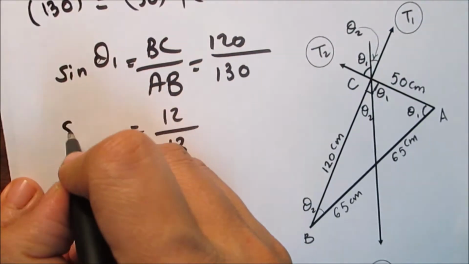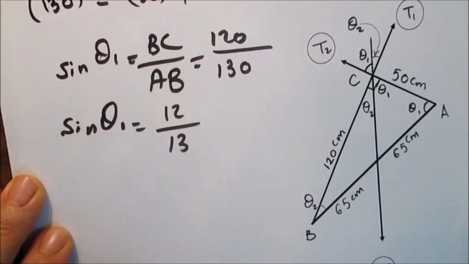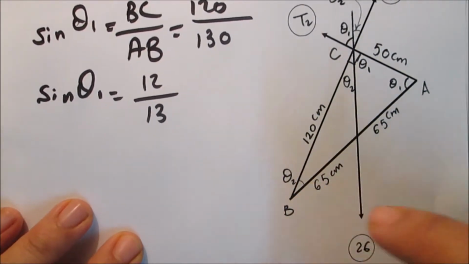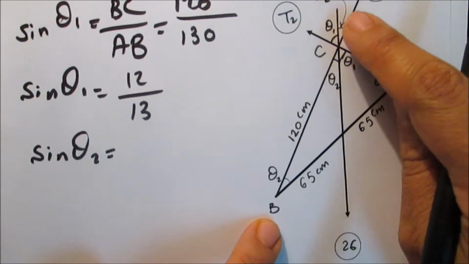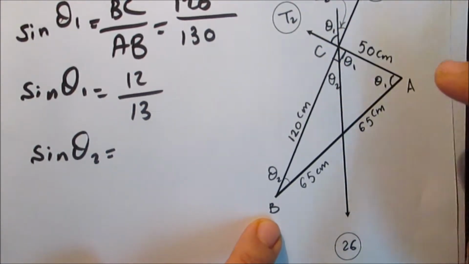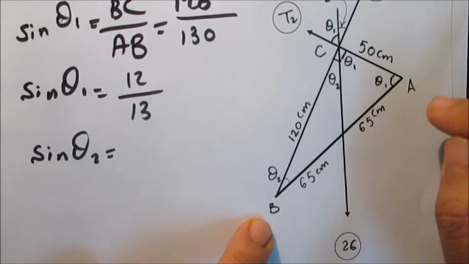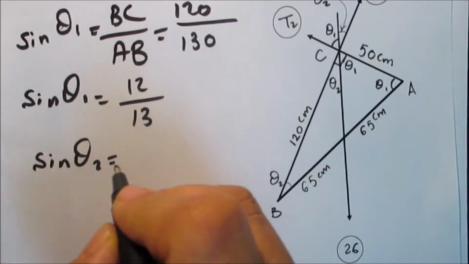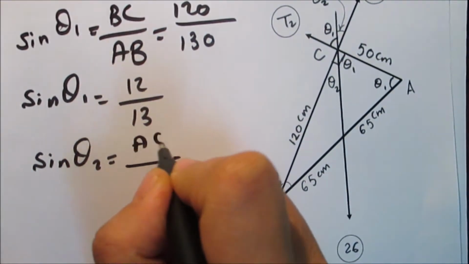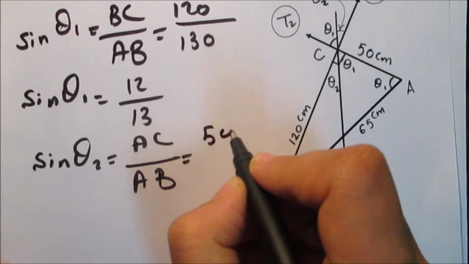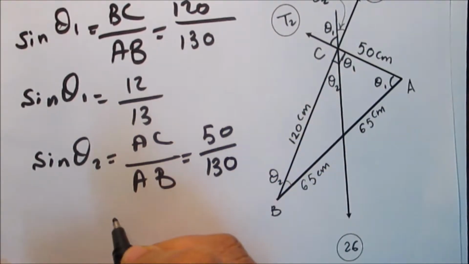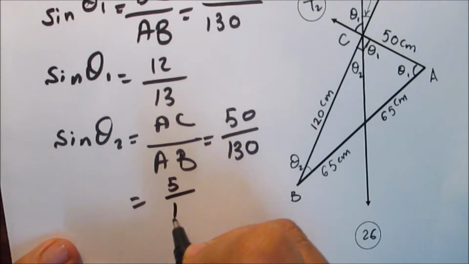To find theta 2, let's find sine theta 2. The side opposite to angle B is AC, 50, over the hypotenuse AB, 130. So sine theta 2 is 5 over 13.